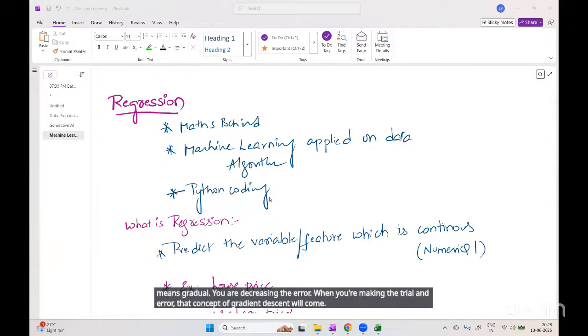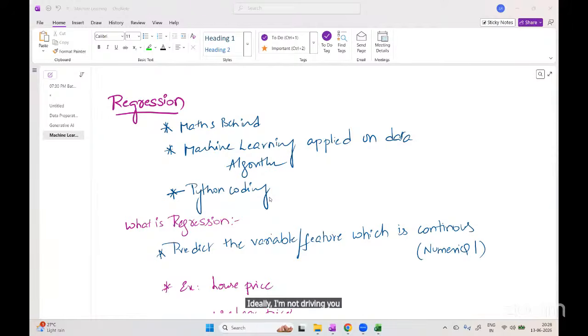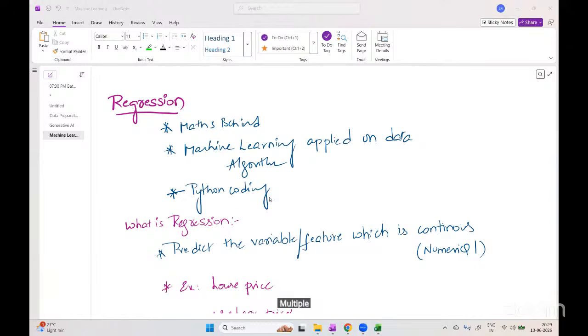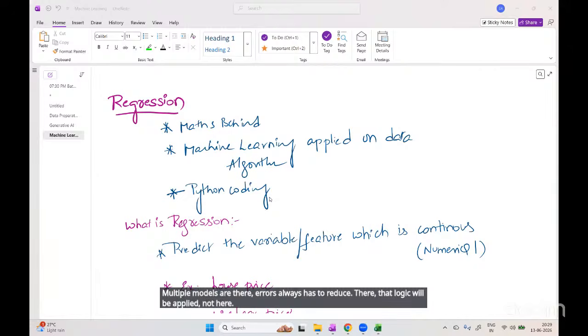But here we are not doing it gradually. That logic applies when you're applying decision trees, ANN, or working from the boosting point of view. In boosting, that logic is applied because multiple models are there, and errors always have to reduce. There, that logic will be applied, not here. Simple linear regression will not have gradient descent. If it is there, I'll explain.